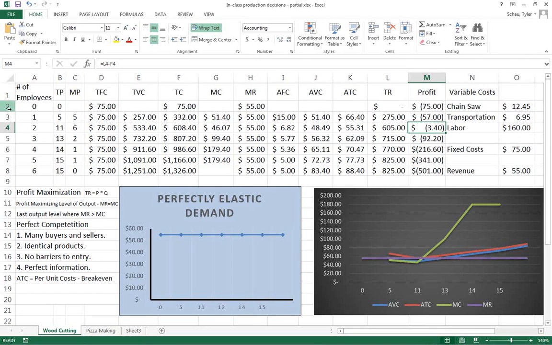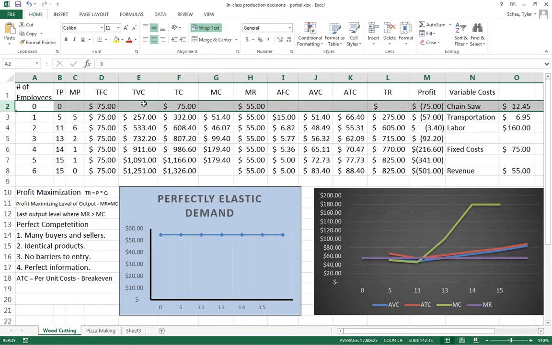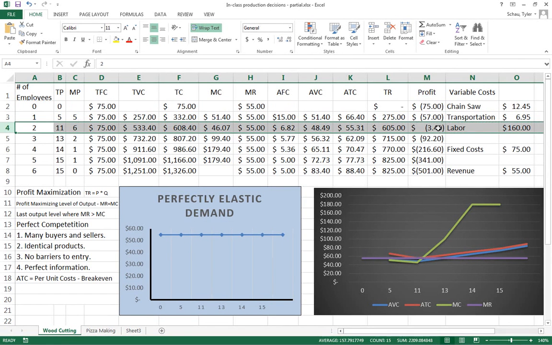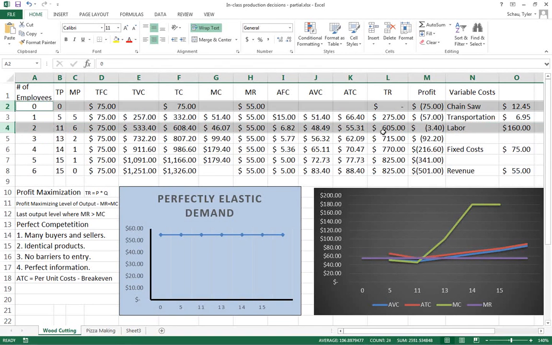All right, and so I'm going to have to pay fixed costs regardless. $75 a day is what I'm going to have to pay. And so just because I'm losing money doesn't mean I'm going to shut down. Because it's a case between two evils, but if you had the choice between losing $3.40 a day or losing $75 a day, I'm going to choose to go ahead and employ two people and minimize losses to $3.40 a day.